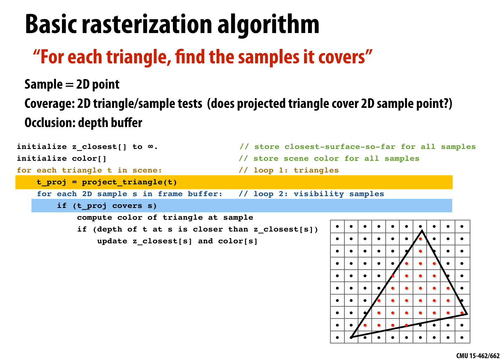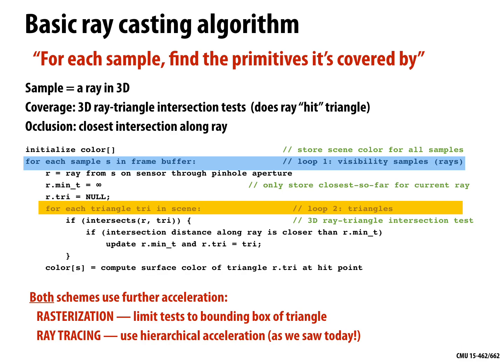How do we do this with ray queries? How can we do this exact same problem by intersecting rays with our scene? So basically, the interesting thing that happens is we just flip the loop order. Instead of for each primitive, what samples does it cover? We say for each sample, for each pixel in our image, find all the primitives that it's covered by.